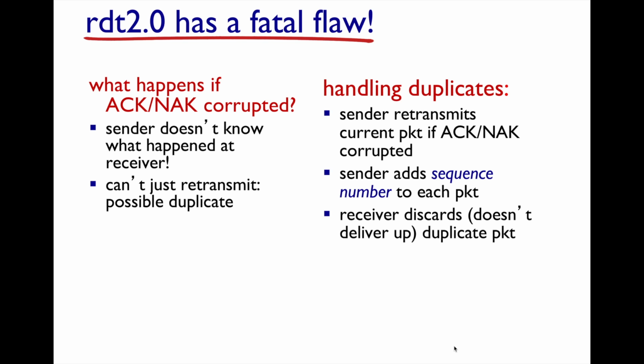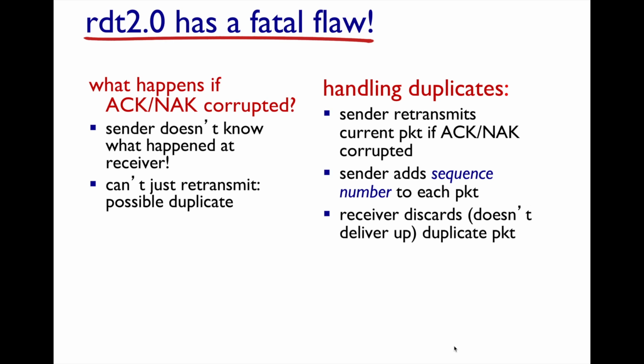So how do you handle duplicates? That's the issue. If the sender decides to retransmit, the receiver can end up getting duplicates, right? And so we need to handle that particular case. One of the ways you get around this possible sending and receiving of duplicates is to add so-called sequence numbers.